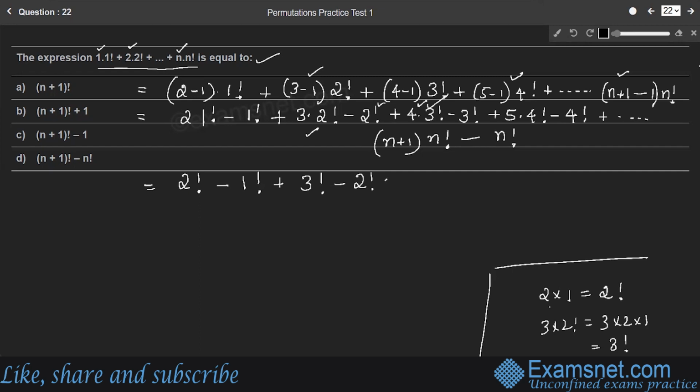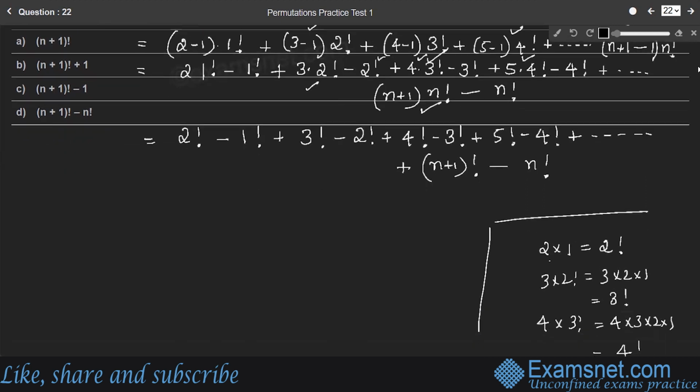So next comes 4 into factorial 3, which is factorial 4 minus factorial 3. We'll consider 5 into factorial 4, which is factorial 5 minus factorial 4. Plus so on up to n plus 1 into factorial n, which can be written as factorial n plus 1 minus factorial n.